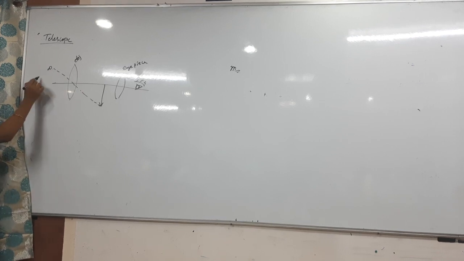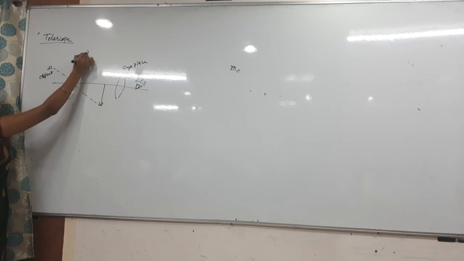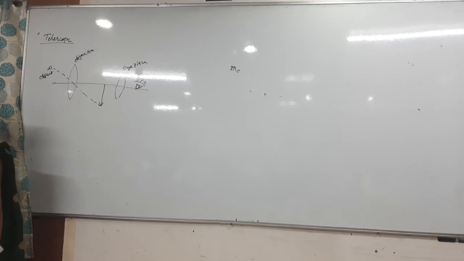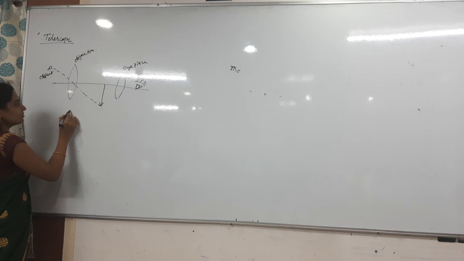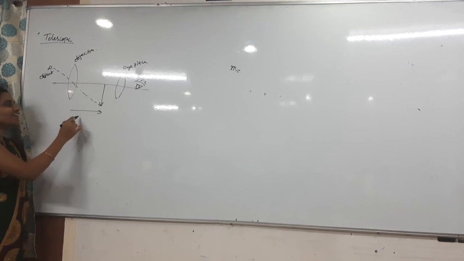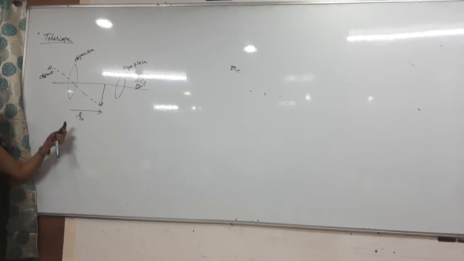At infinite distance our object is present. So whenever the object is at infinite distance, where will the image be formed? Focus. That's it. Finished. What is this distance now? Focal length f of objective, f naught.